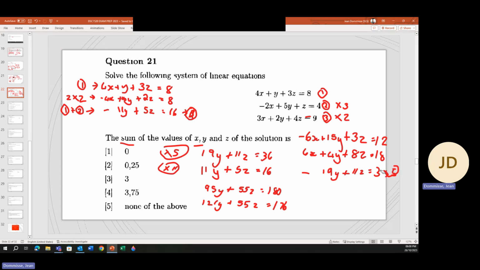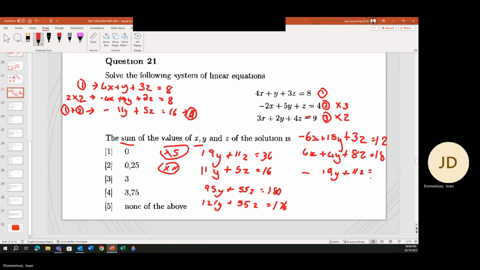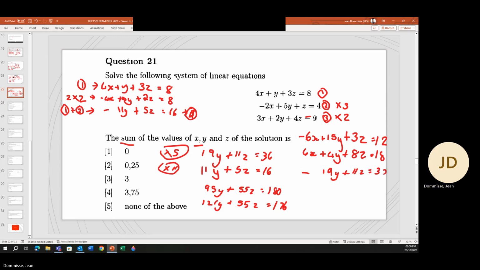Let's quickly check. So we add now that plus that, that plus that, that plus that gives us 30. So instead of 36, it should be 50. 50 times 5 is 150.